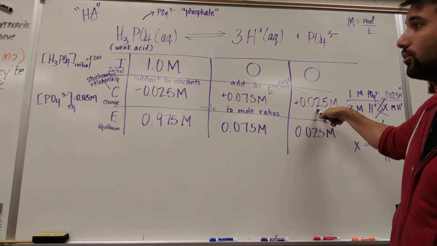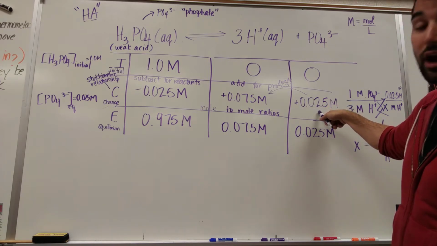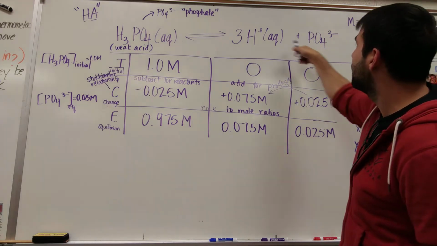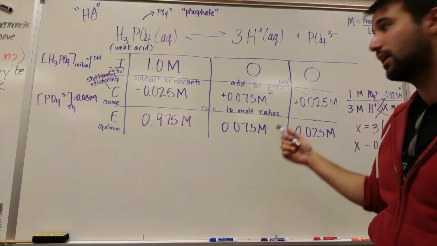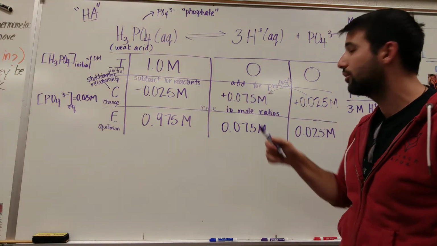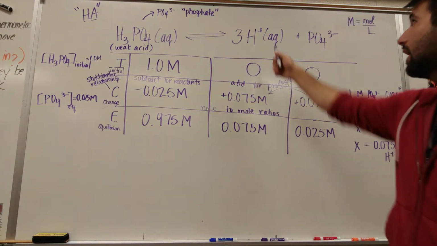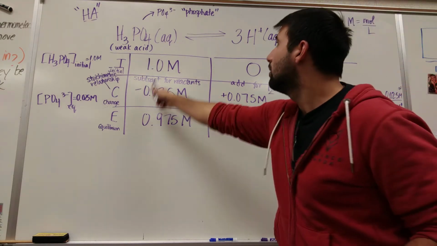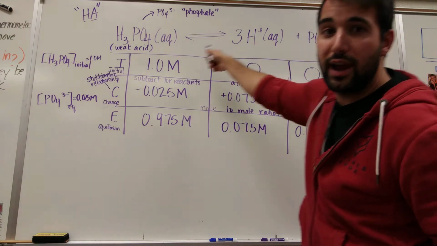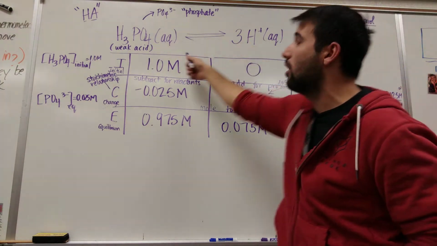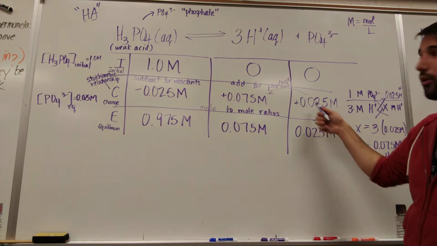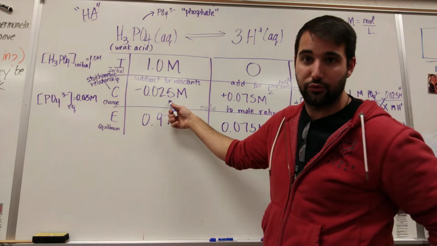That means in the change I must have used 0.025 molar. My mole to mole ratio of PO4 to H+ is 1-to-3, so I must have made 3 times as much H+, which is 0.075 molar. And again, my mole to mole ratio of PO4 to H3PO4 is 1-to-1. So if I made 0.025 molar, I must have used 0.025 molar.